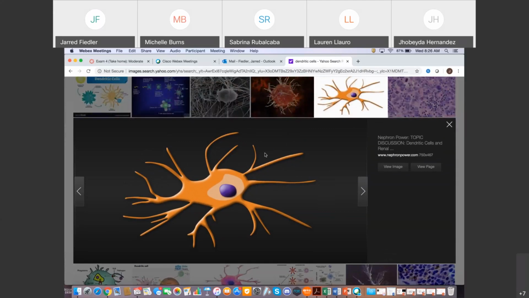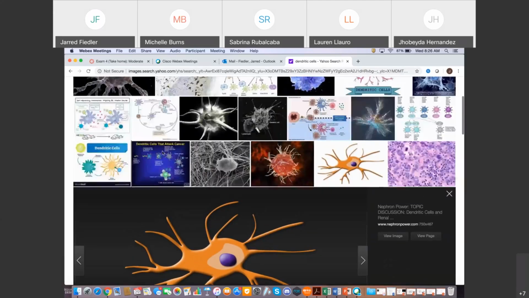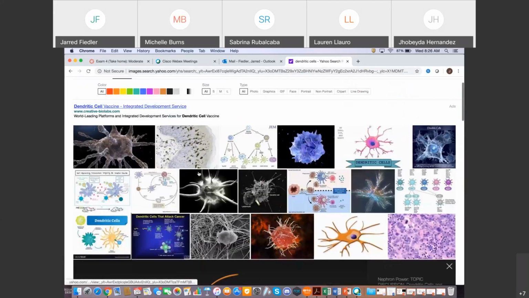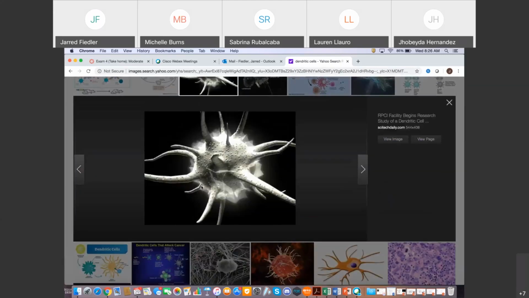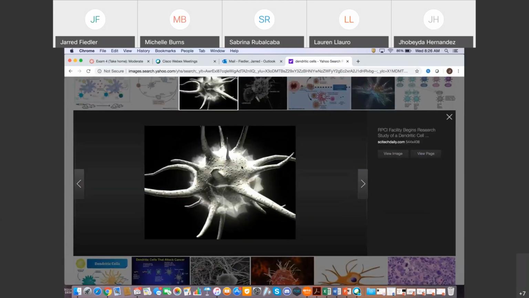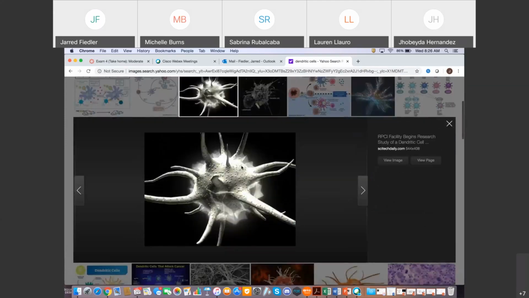It reminds you of a neuron, right? Here's another picture. Look at this one, this is a 3D image. These are dendritic cells. They're not neurons, they're immunological cells. They actually function to protect your body from foreign invaders. That's why they got the word dendritic, because it looks very similar to that.